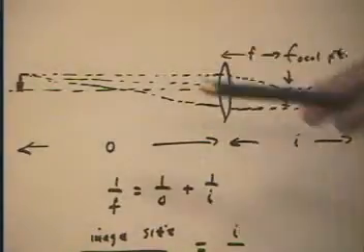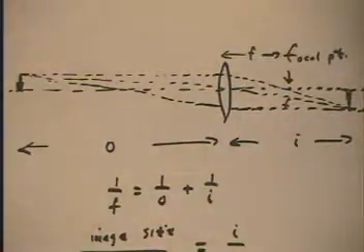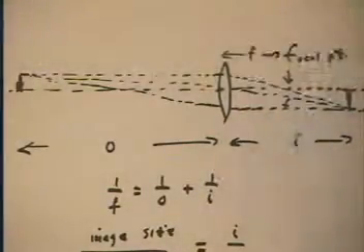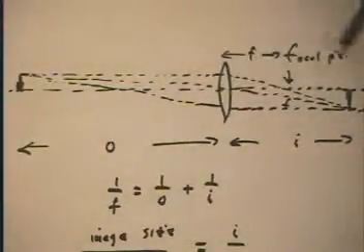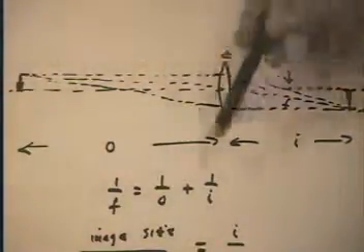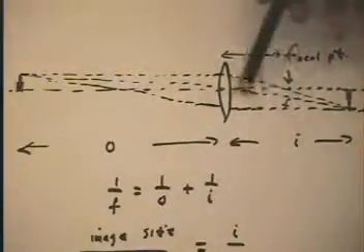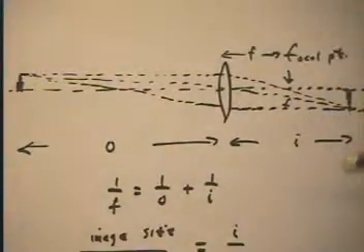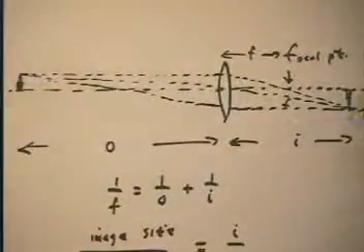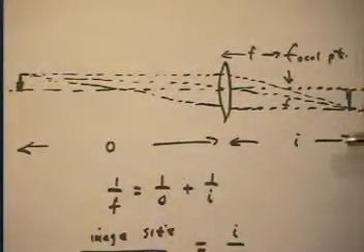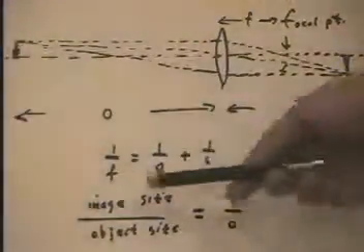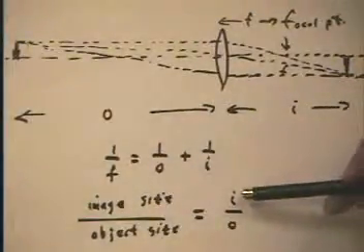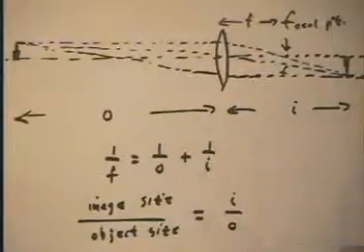We see that we have similar triangles, and the thing that controls the size of this as opposed to this is just going to be the ratio of the image distance and the object distance. The triangles will be similar with horizontal sides. Here the horizontal side is the object distance, here the horizontal side is the image distance, here the vertical side is the object size, and here the vertical side is the image size. Just considering that, we can see fairly easily that image size over object size ought to equal the ratio of the image distance to the object distance.